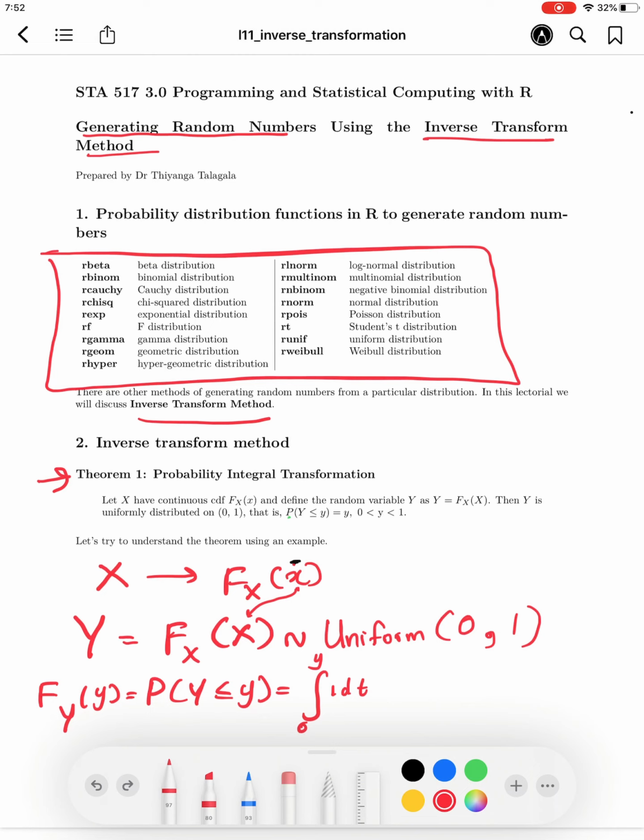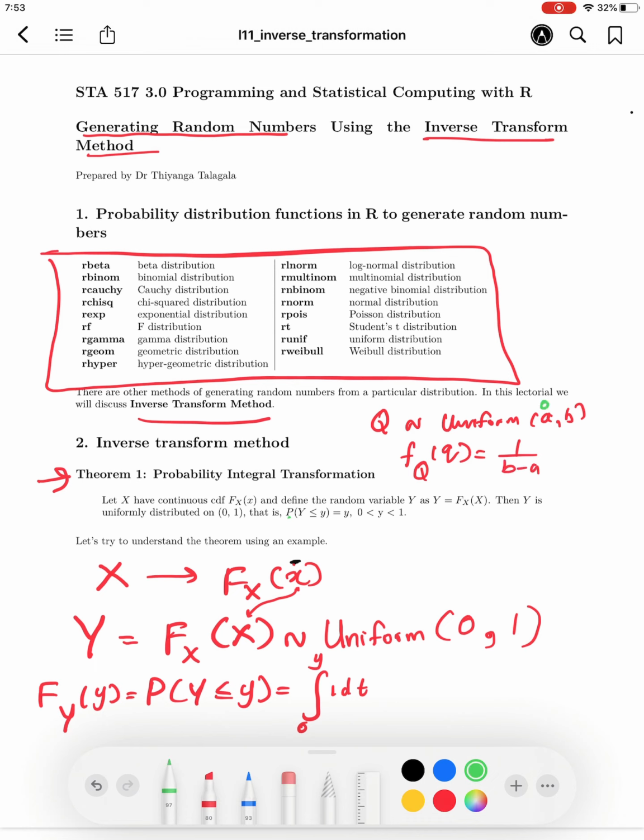for example, suppose you have a random variable called Q. Suppose Q follows a uniform distribution with parameters a and b. Then the probability density function of Q is 1 divided by b minus a.